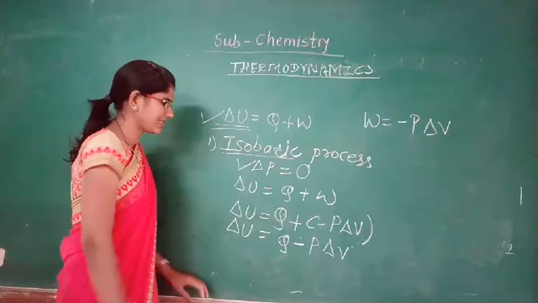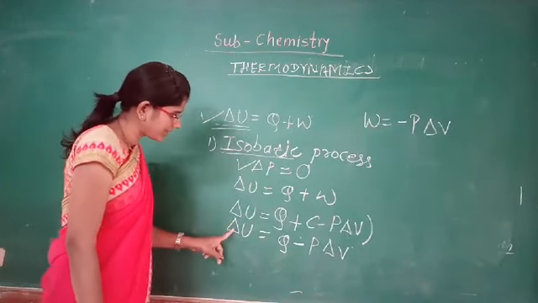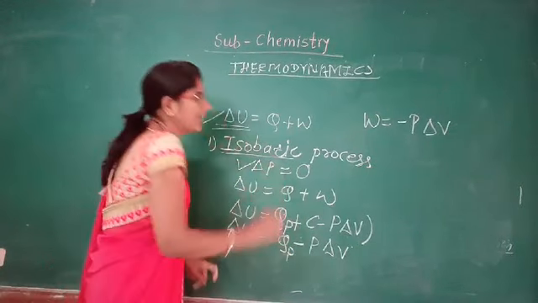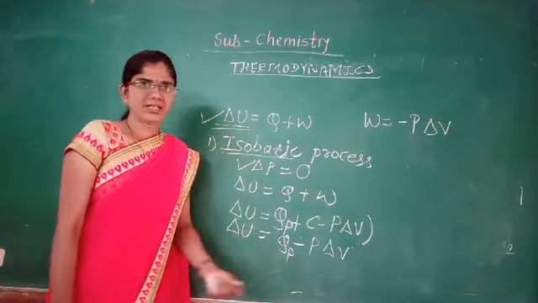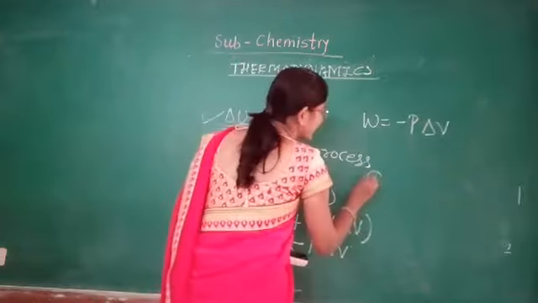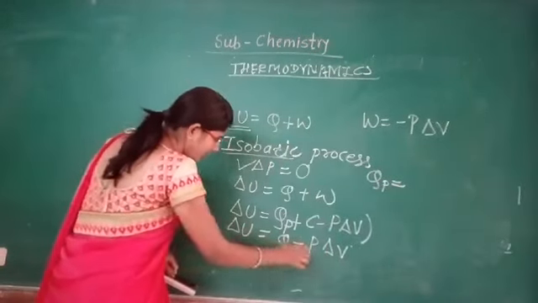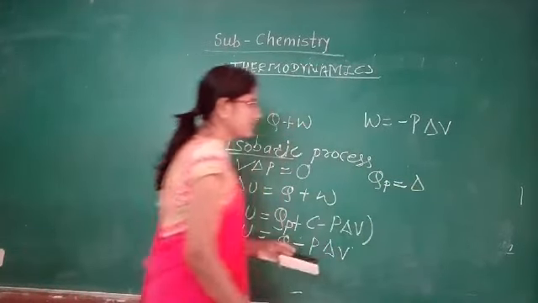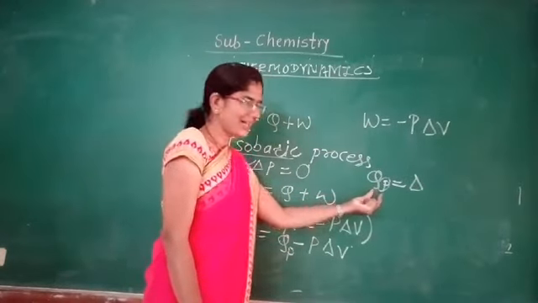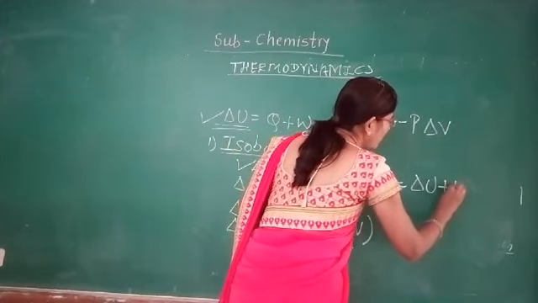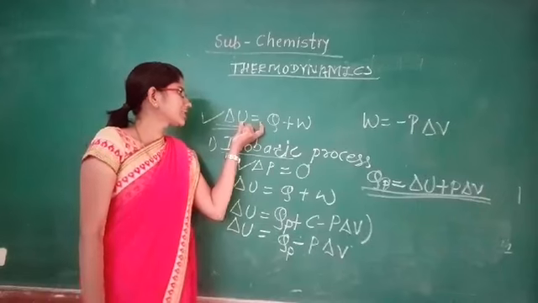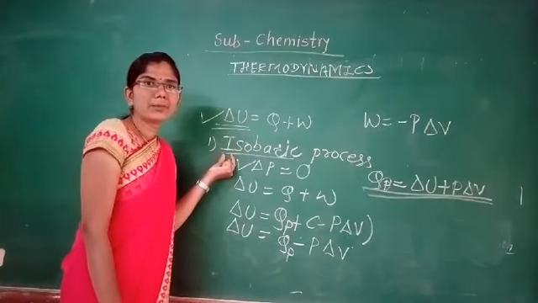But for the isobaric process, the pressure remains constant, and therefore for the isobaric process, remember that the change in internal energy is equal to Q, here abbreviated as QP, minus P delta V, or here we can write QP equal to delta U plus P delta V. QP means the heat of the system at constant pressure, or it is called the heat content of the system at constant pressure, which is equal to delta U plus P delta V. So dear student, remember this formula of the first law of thermodynamics for the isobaric process.